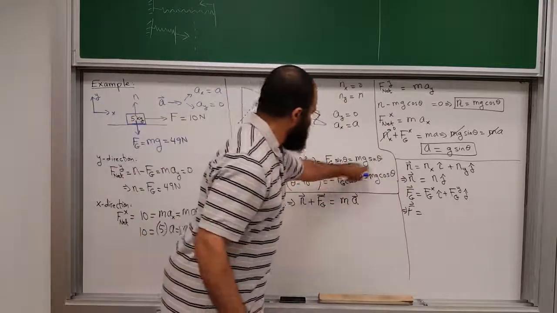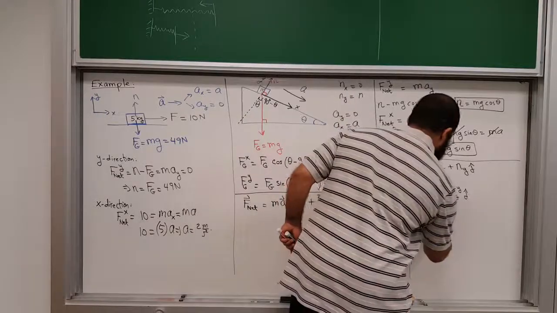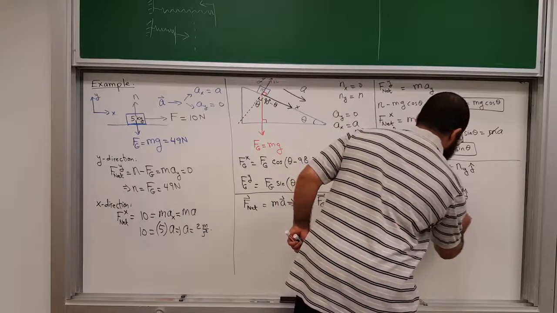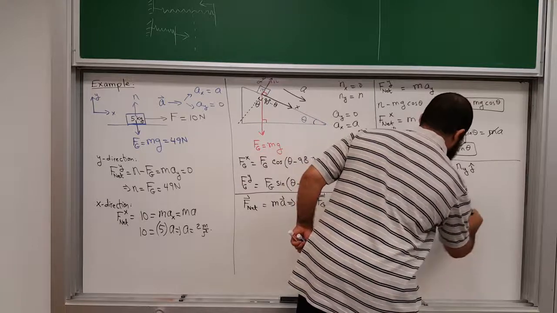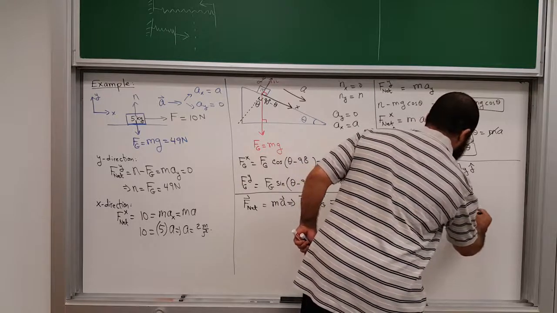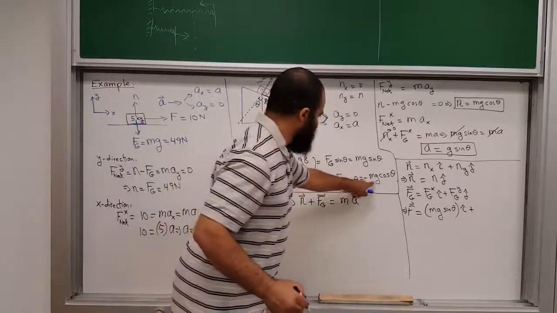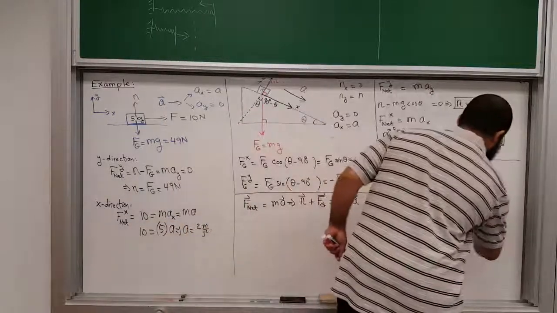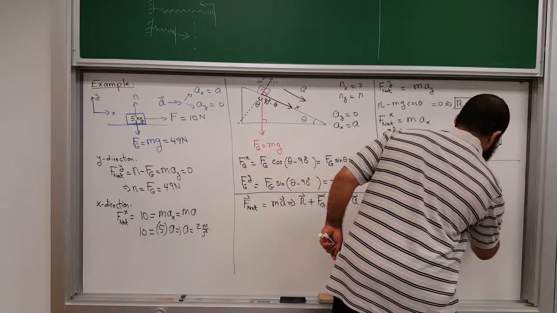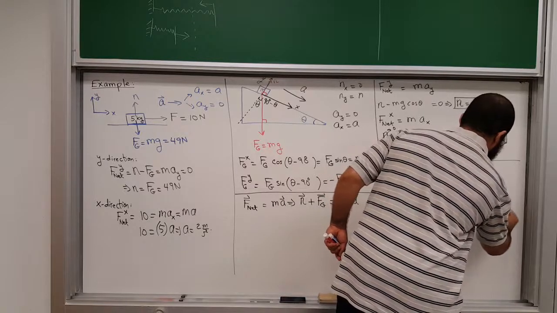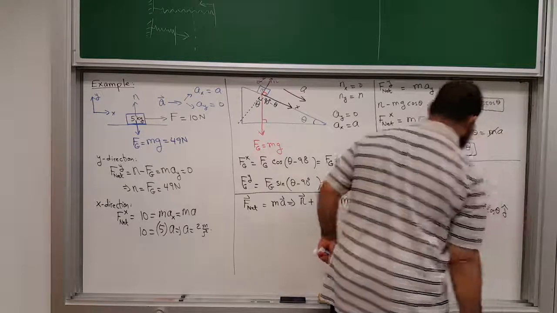It is mg sine theta, mg sine theta i hat. And then the force of gravity in the y direction is negative mg cosine theta. So I put minus mg cosine theta j hat.